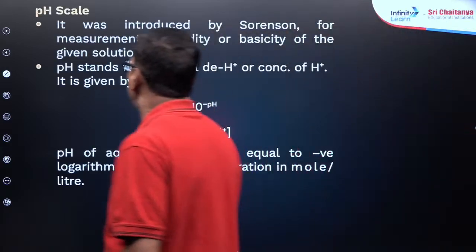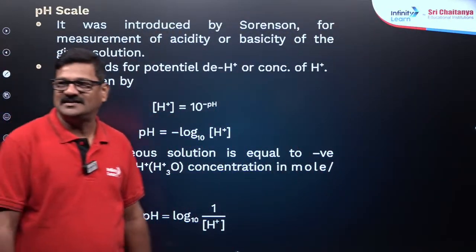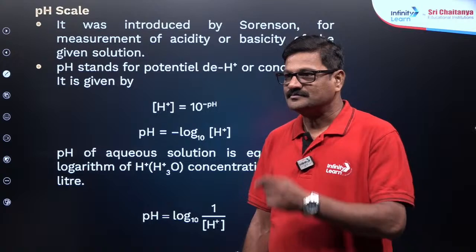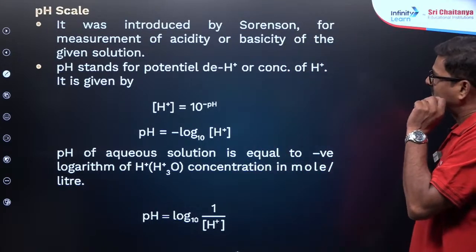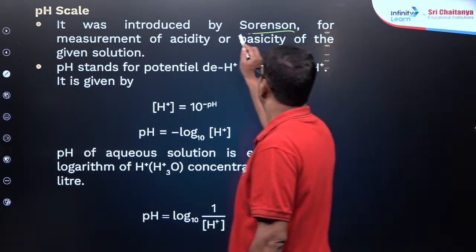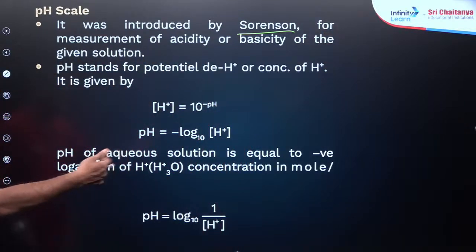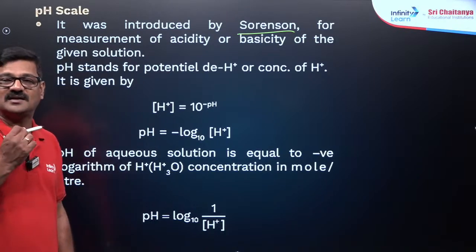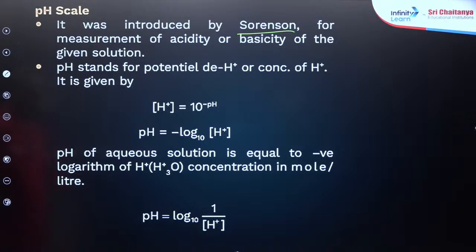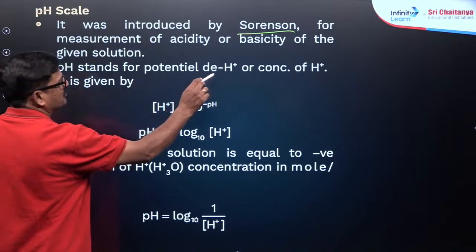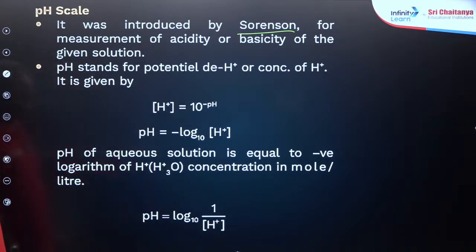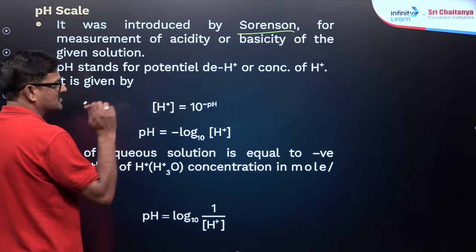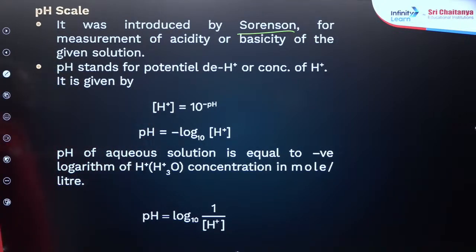Now moving ahead, pH scale. It was introduced by Sorensen for measurement of the acidity, relative acidity or the basicity of the given solution. It is a scale, the pH scale, which measures the acidity and basicity. pH stands for potential of H plus, or concentration of H plus, given by H plus is equal to 10 power minus pH. pH is equal to negative logarithm to the base 10 of H plus ion concentration.